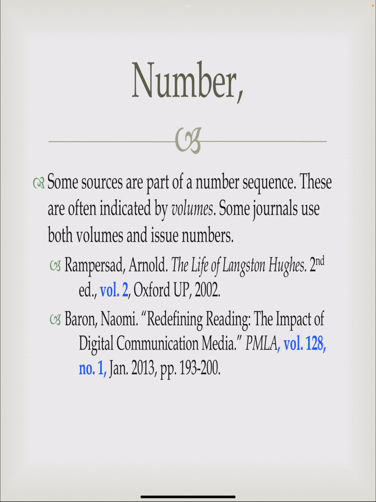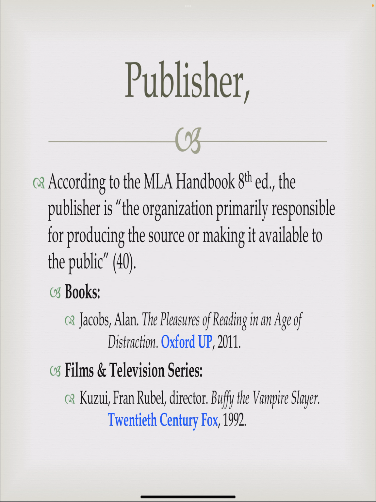They work in volumes and numbers because they continue publishing. So here, Naomi Barron, Redefining Reading, found in the larger container of PMLA. It's volume 128, and it's number 1, right? So within volume 128, there are multiple numbers, right? So this is sort of a layering effect.